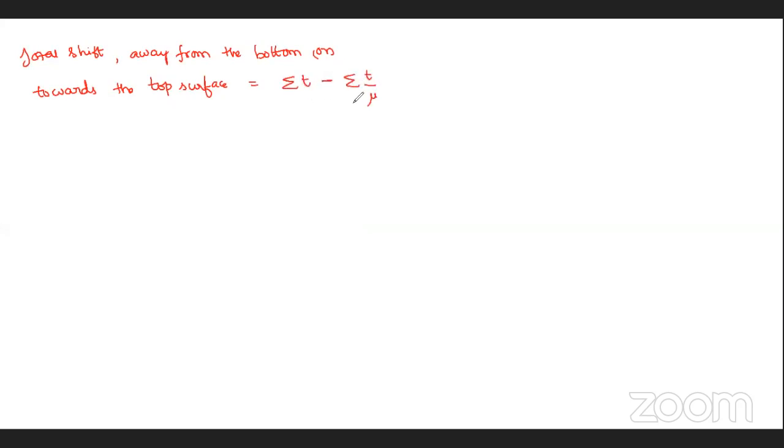Correct, Nana? Like T1 minus T1 by mu plus T2 minus T2 by mu, and so on. For this question, it is the shift for T1 and T2. This is for a larger number of glass slabs, Nana, if they give.